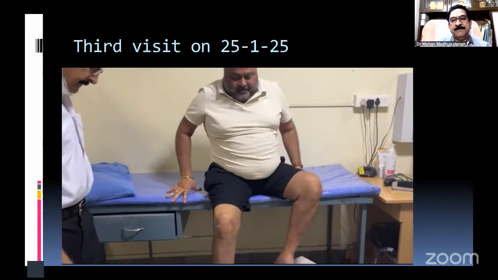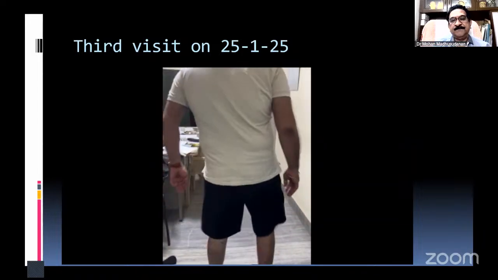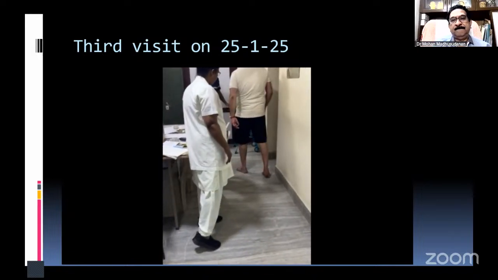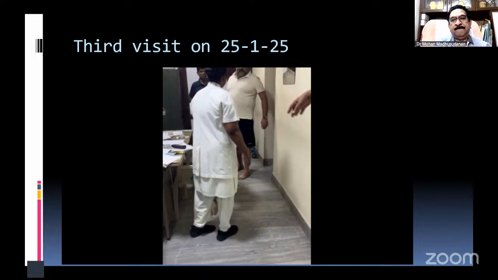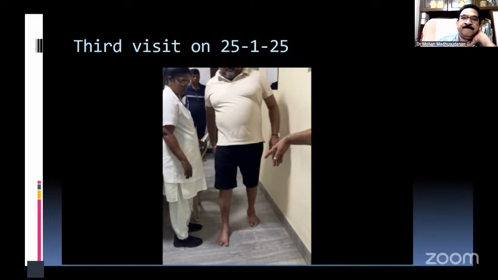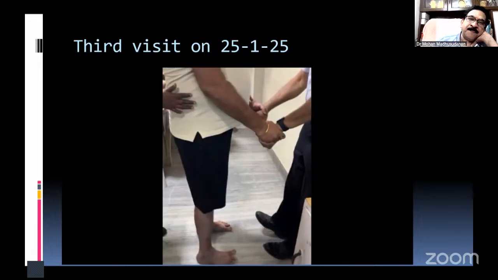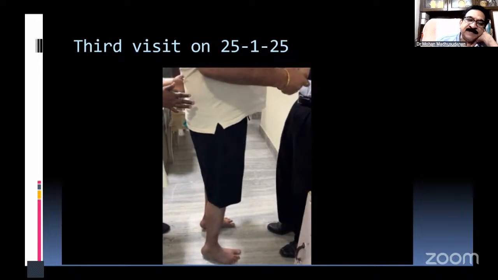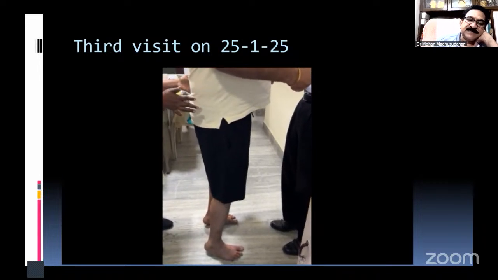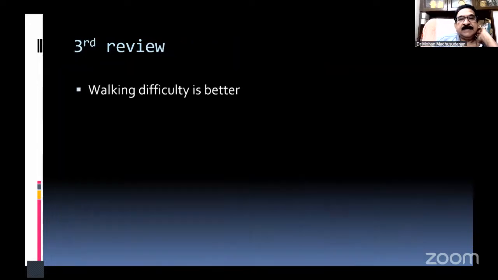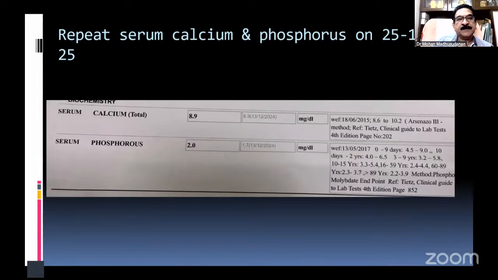He could walk a little better than before. Now he's able to lift a little bit. He's able to stand on toes a little bit because the pain must have subsided now. On third review, walking is better, no pain, can stand on toes a little bit.